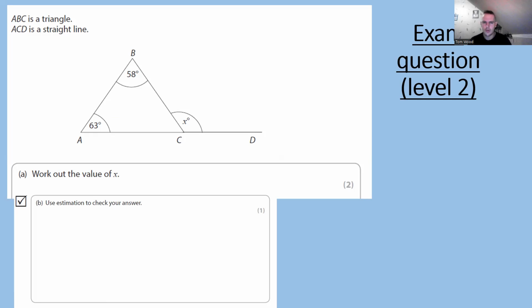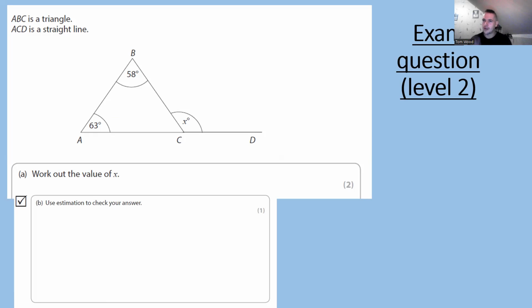Right, okay. So that's quite a common one. I've seen people who have done amazing pieces of maths, really complex sums, but the actual question asks you to use an estimate. So I could do 180 minus 60 just for talk's sake. Absolutely fine. That's what I think most people would round this to. You'd go, well, 58 degrees, that's pretty much 60. 63 is pretty much 60 as well.